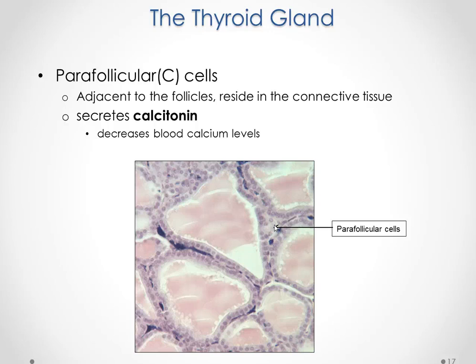Osteoclasts are the specific cells in the bone that break down bone to release calcium. So when this calcitonin goes to those osteoclasts and inhibits them, it shuts them off, those cells cannot break down any more bone and they cannot release any more calcium into the blood. If we're not releasing any more calcium, it'll decrease those blood calcium levels.